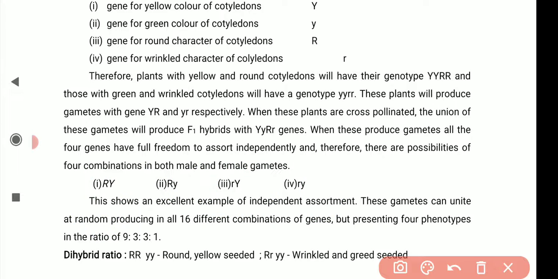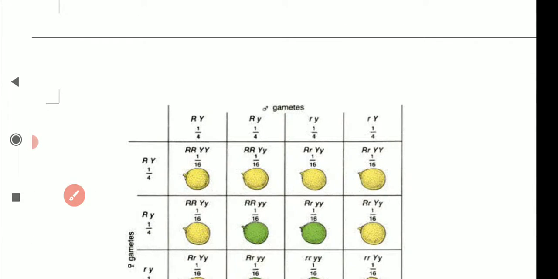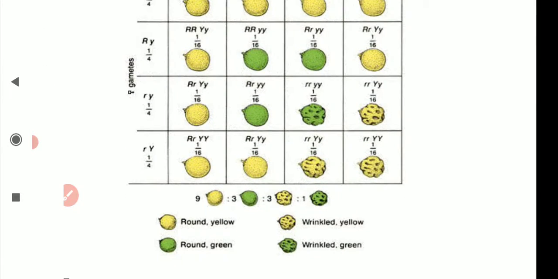So they are assorting independently. This is a very good example of independent assortment, and they will show the different combinations in the ratio 9:3:3:1. That is, they are showing 16 different combinations of genes. Here is the Punnett square. I have already shown you in the previous class note, that simple one that I told you to practice. So you already know this, no?